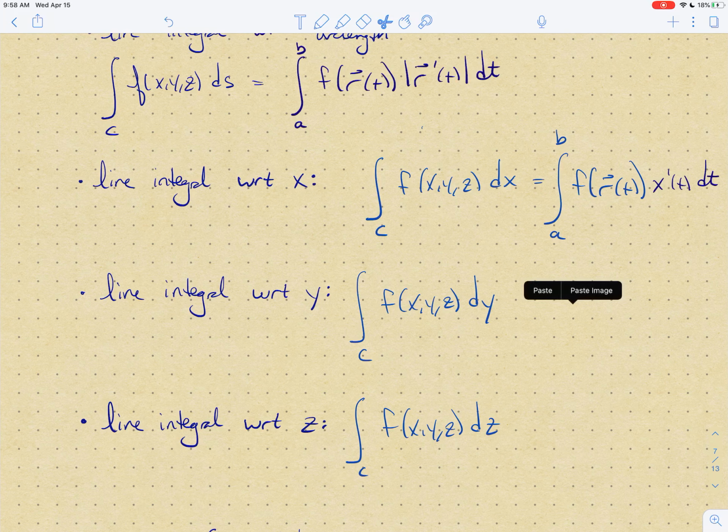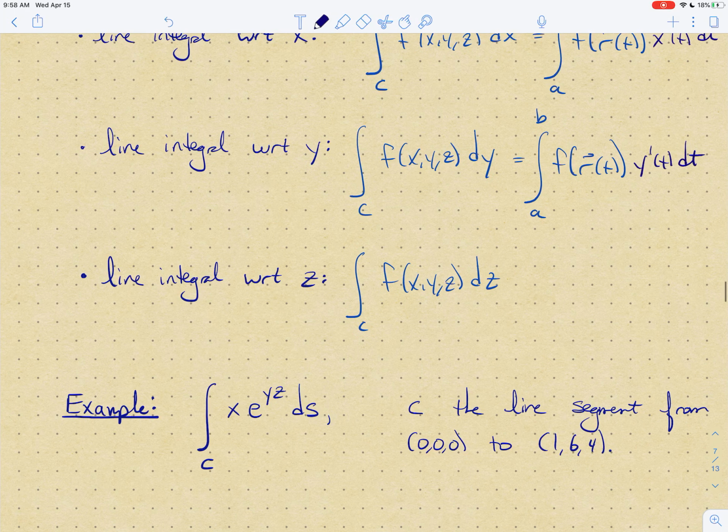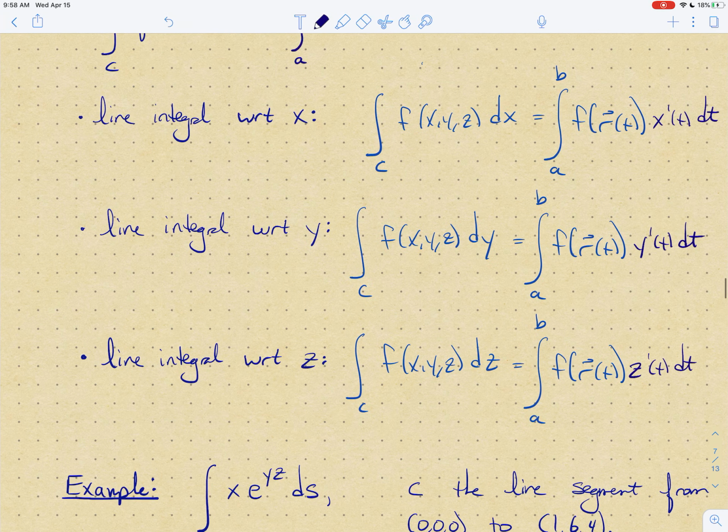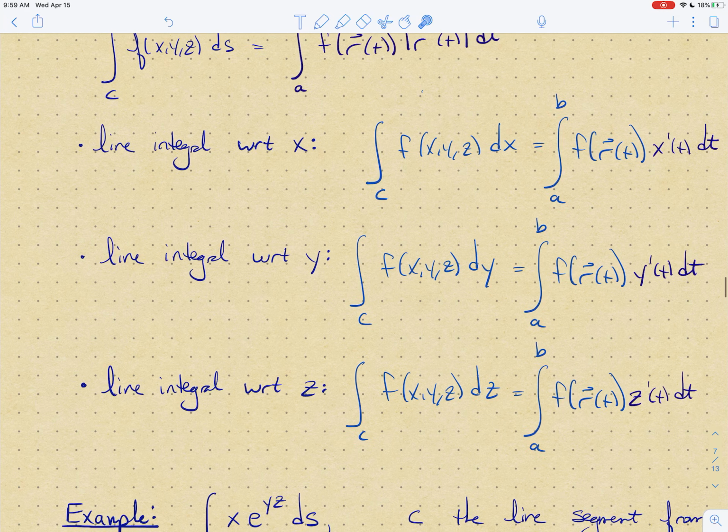For this one, you're going to get the same thing, f of r of t, but then you're going to multiply by y prime of t dt. And for the bottom one, you're going to multiply by z prime of t dt. So again, these two definitions, these two integrals, are exactly the same as you saw before. The difference is there wasn't a z, and then of course the last one is exactly what you'd expect.